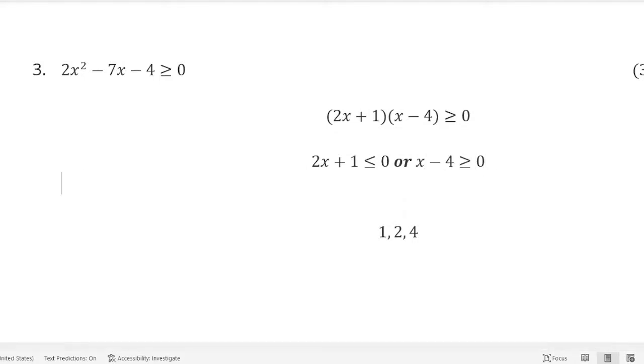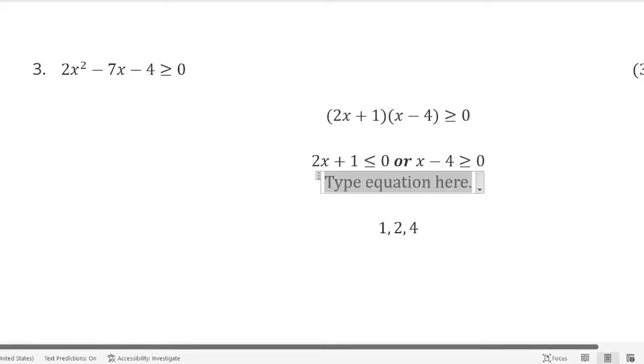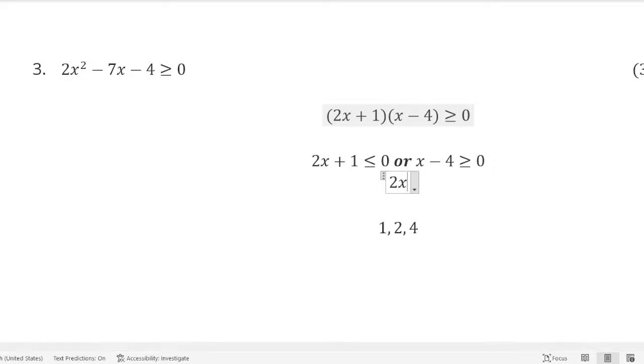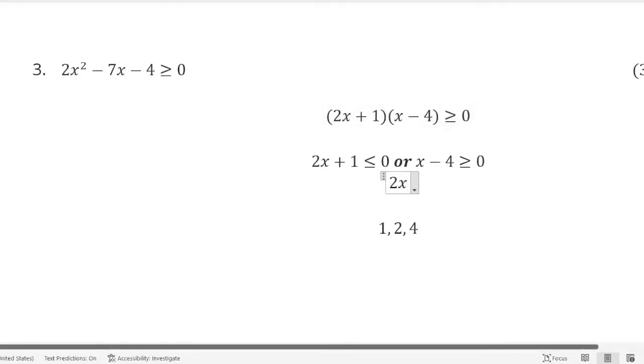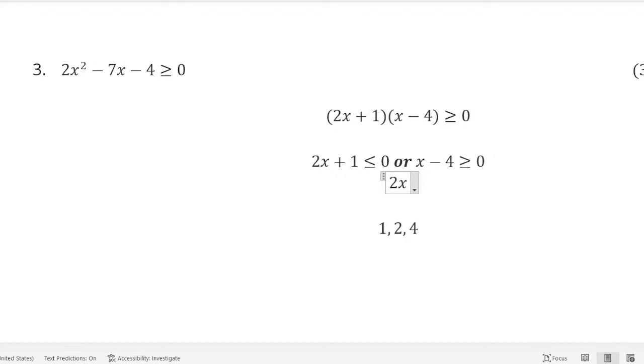Then our final solution would be 2x is less than or is equal to negative 1, or x is greater than or is equal to positive 4.